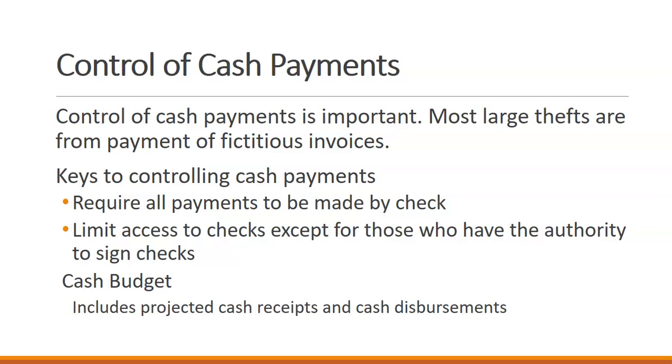Another internal control that can be put in place is that we require two signatures on checks. We would also make a cash budget, which would project our cash receipts and cash disbursements so that we can check our cash payments against those projected cash disbursements and make sure that we're not making cash payments that we didn't plan on or have in our record book somewhere.